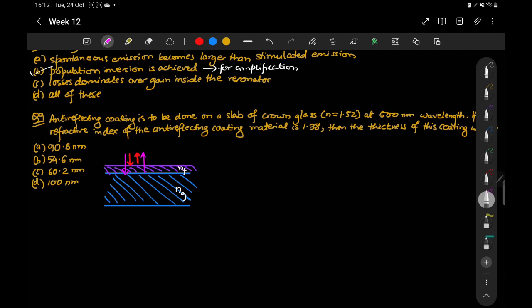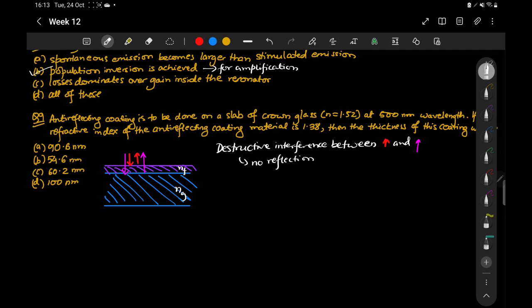Now we will observe no reflection, or what is called anti-reflecting coating, for the case when there is destructive interference between the red and the pink rays. And this destructive interference will lead to the case of no reflection.